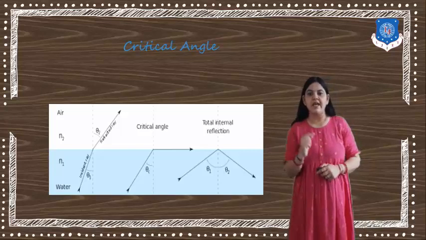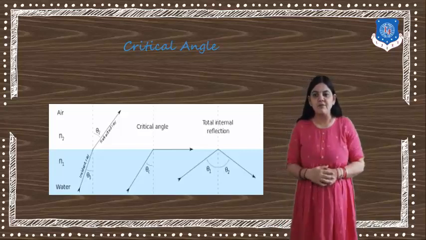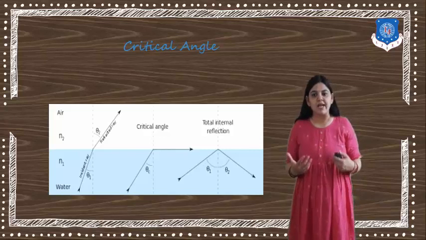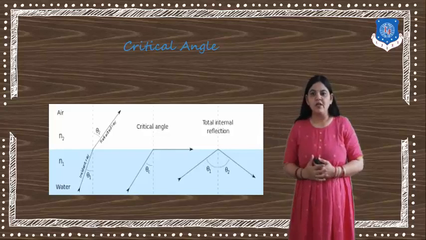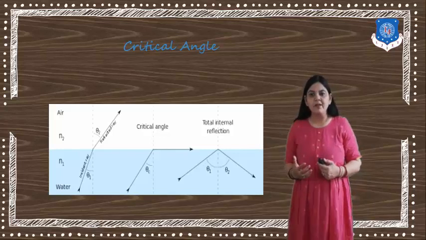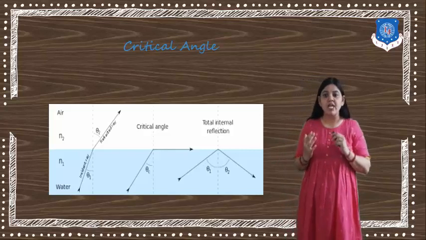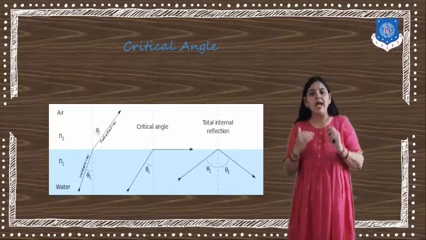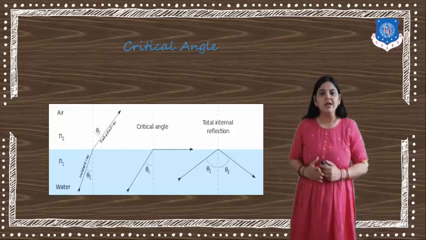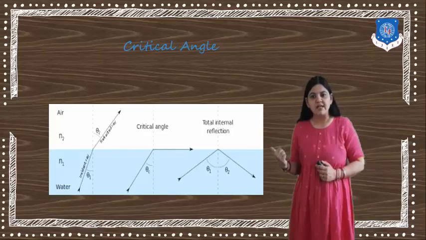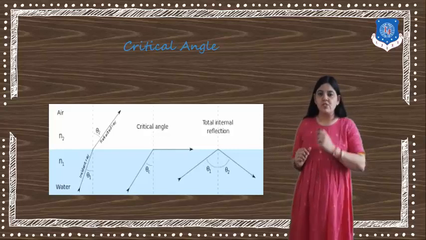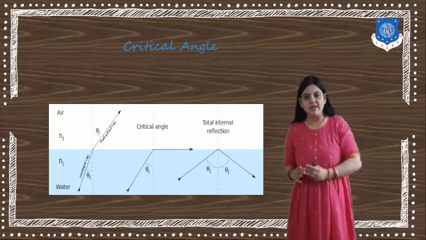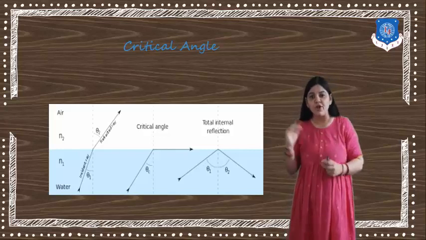Now in the diagram you can see, in the first diagram, the media having refractive indices N2 and N1, air and water. When the ray travels from water to air, that is, from the denser to the rarer medium, theta 1 is the incident angle, and the refracted ray goes away from the normal axis.